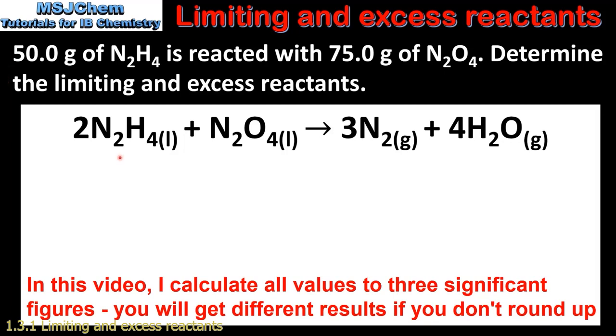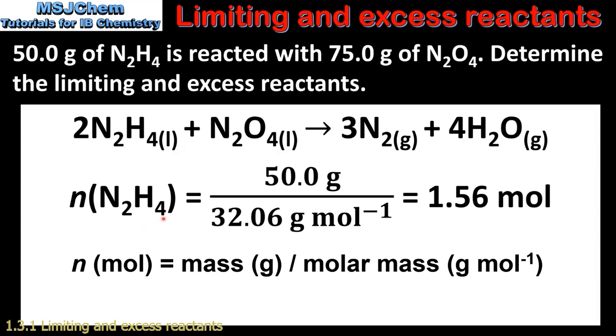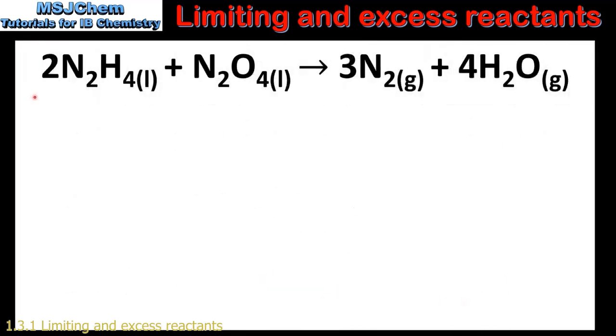The first step is to determine the amount in moles of N2H4 and N2O4. Starting with N2H4, we divide the mass in grams by the molar mass, which gives us 1.56 moles. Next, we do the same thing for the N2O4. That's divide the mass in grams by the molar mass, which gives us 0.815 moles. Once we've determined the amount in moles of each reactant, we now need to divide by the coefficient.